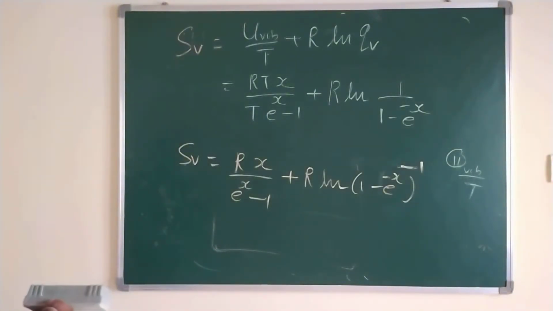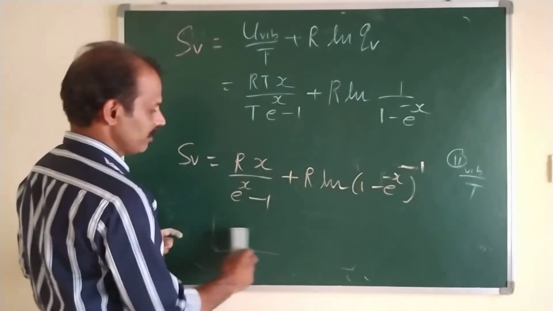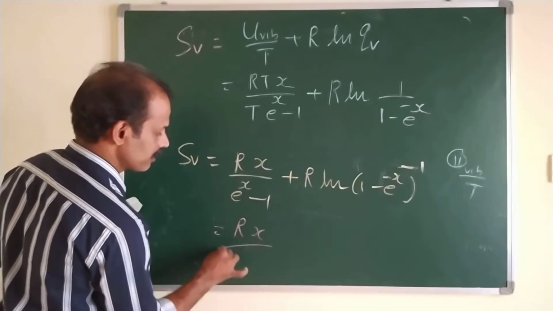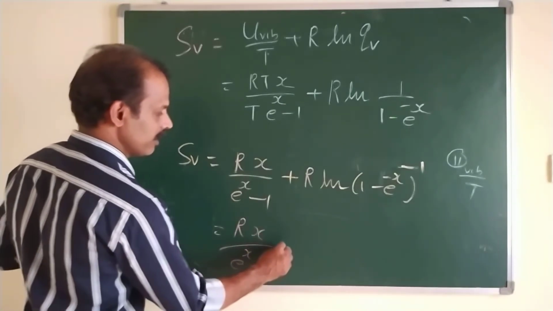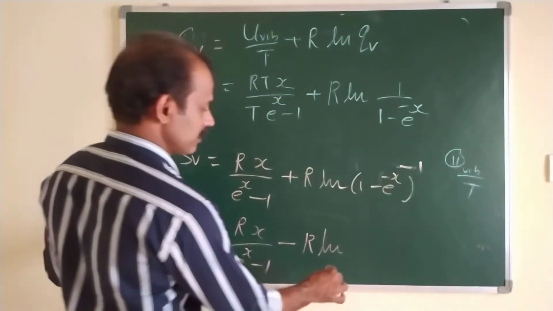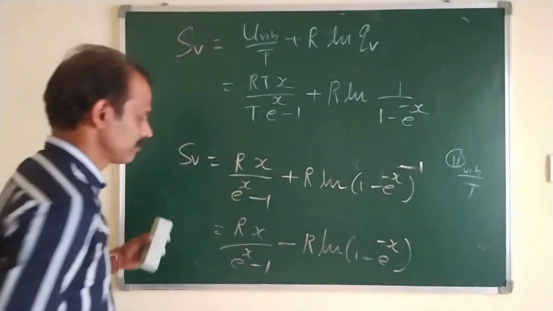So this minus comes here, and our equation becomes Rx by e raised to x minus 1 minus R ln 1 minus e raised to minus x.